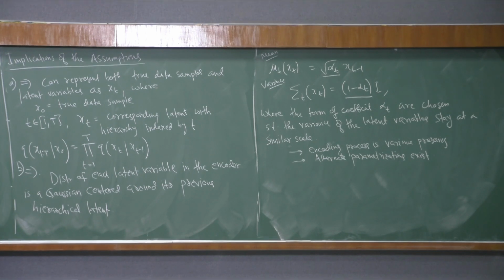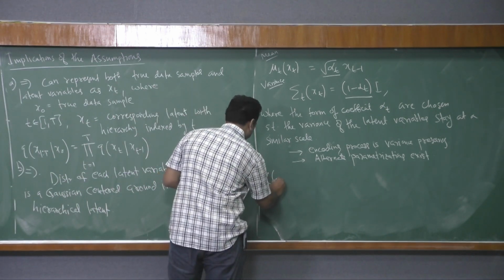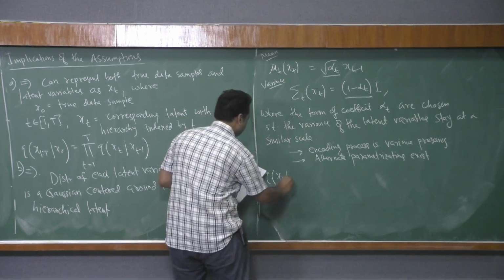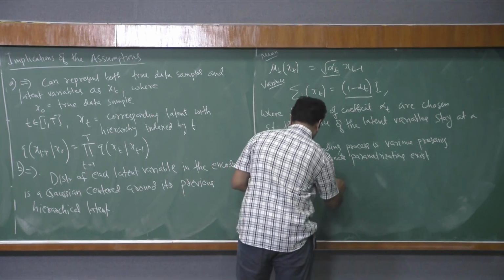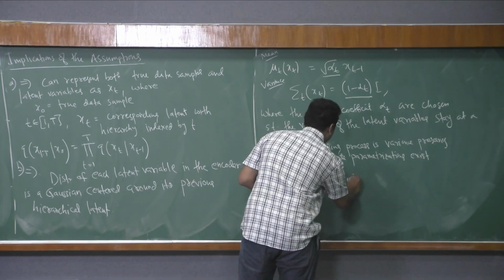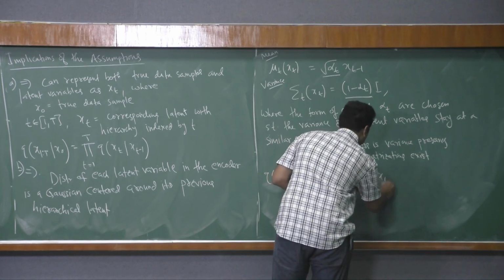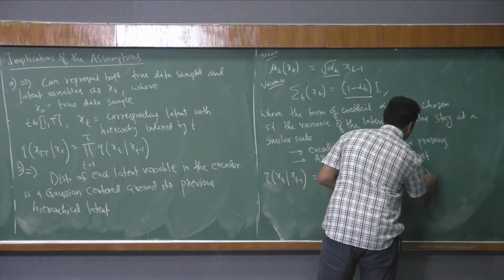Okay, so with this we can say what our distribution would be with these parameterizations and the fact that they are Gaussians. This will be written as normal xt, with mean square root of alpha t times x t minus 1, and variance 1 minus alpha t.